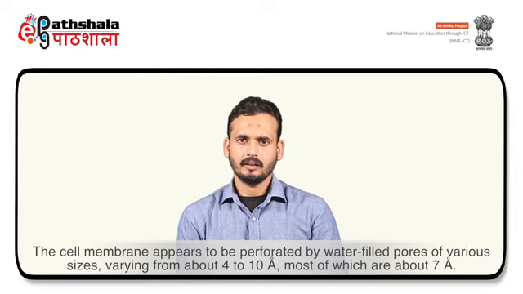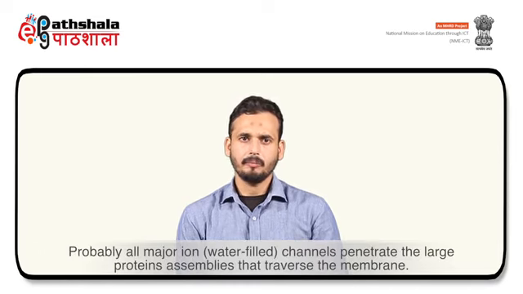The cell membrane appears to be perforated by water-filled pores of various sizes, varying from about 4 to 10 Angstrom, most of which are about 7 Angstrom. Probably all major ion water-filled channels penetrate the large protein assemblies that traverse the membrane.